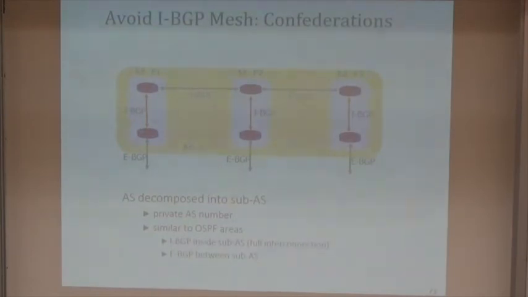If you have a large domain with hundreds of BGP routers, which occurs sometimes because you have more BGP routers than you would really need. Why is that? For injection, for synchronization of the routes, to be able to put all the routes into the routing tables.